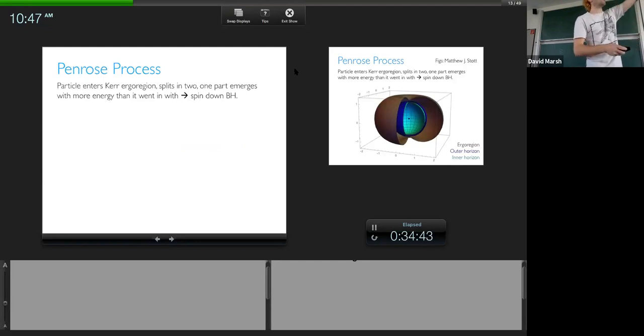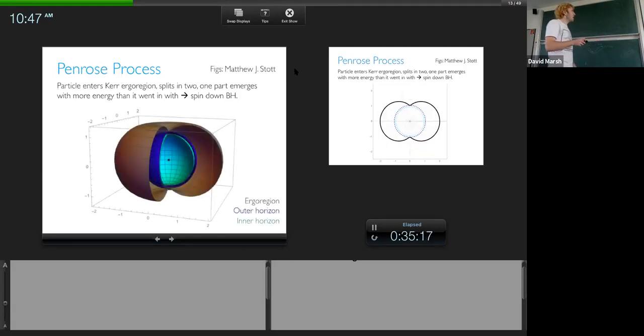The one that leaves comes out with more energy than it went in with. This is, I think, similar to scattering off a rotating cylinder: if you send the particle at the cylinder moving faster than the rotational velocity of the cylinder, it can come out accelerated from that process. And it's similar to other things like Cherenkov radiation. So when the particle comes out with more energy than it went in with, it has to get its energy from somewhere, and it gets it by spinning down the black hole a little bit. So here's a cartoon of that process.